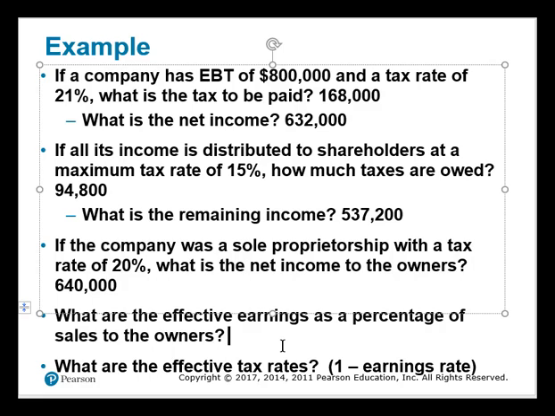So you can see that there is a big difference. The tax rate that corporations are imposed, quite frankly, is not that much different than the individual. However, the concept of double taxation really looks at how much money the owners ultimately get to spend from their earnings.